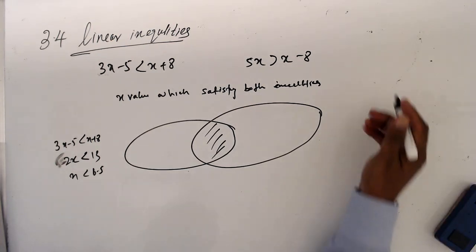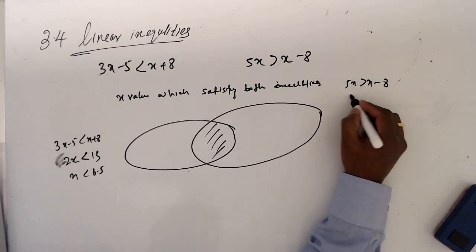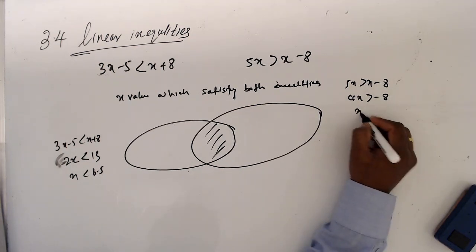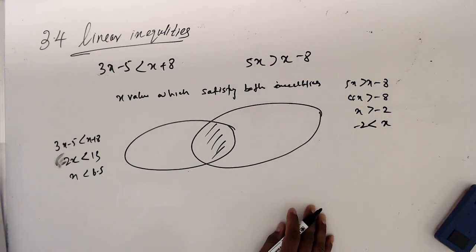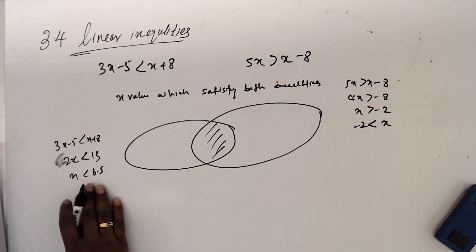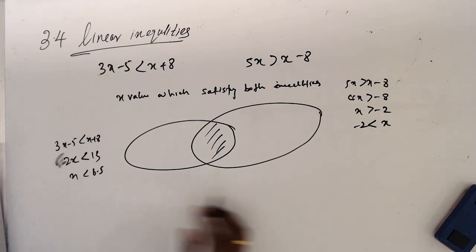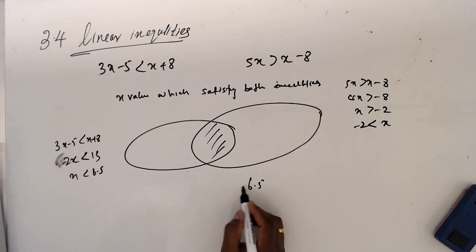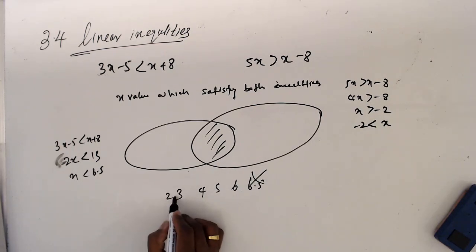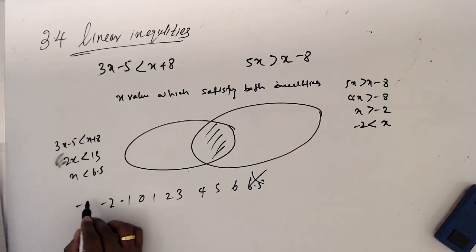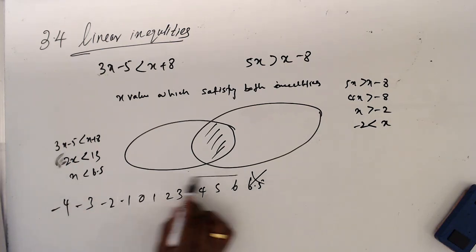And for this one, 5x greater than x minus 8, 4x greater than minus 8, x greater than minus 2. For the first inequality, you can take any value less than 6.5. You can't take 6.5 itself, but 6, 5, 4, 3, 2, 1, 0, minus 1, minus 2, minus 3, minus 4: anything, because any value is less than this side.